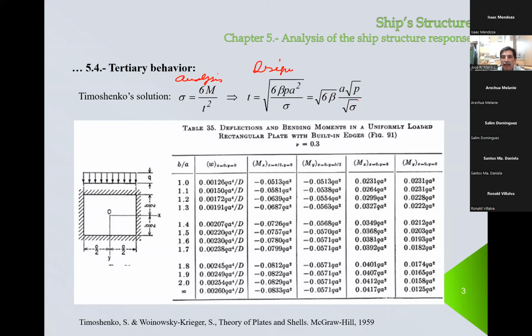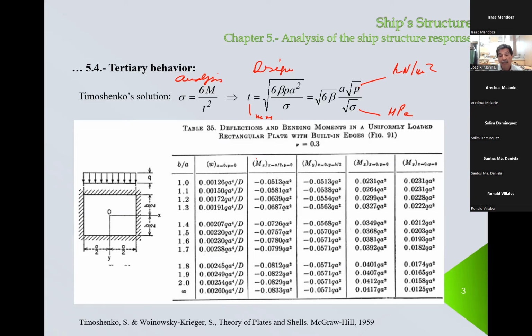Now, again, we could do a similar dimension analysis, because usually the pressure is given in kilonewtons per meter square. Sigma is usually expressed in megapascals, and usually the thickness is expressed in millimeters. But we could do a similar analysis, and we could compare the expression that we can deduce from this equation that comes from plate theory, and compare it with the expression that is provided by the classification society rules.